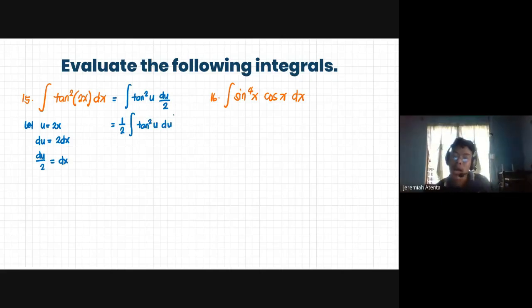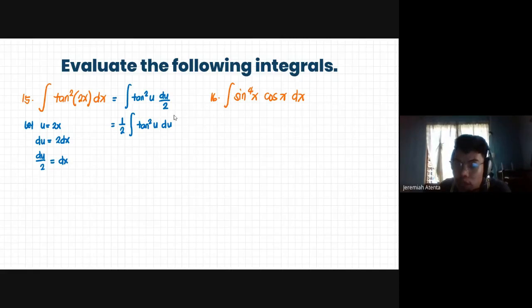Now, we don't have a formula for the integral of tangent squared, right? Wala, no? Only for secant squared and cosecant squared.